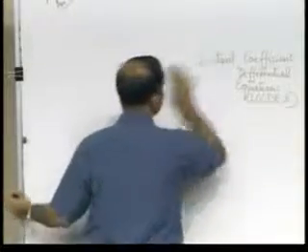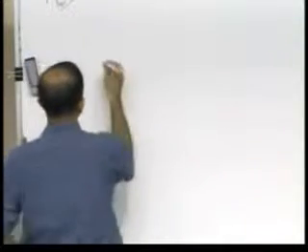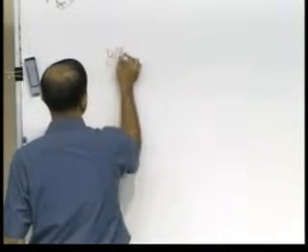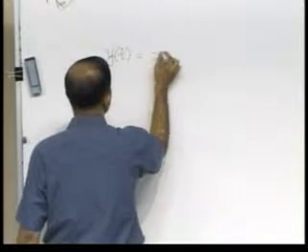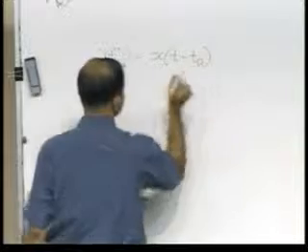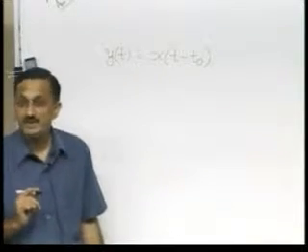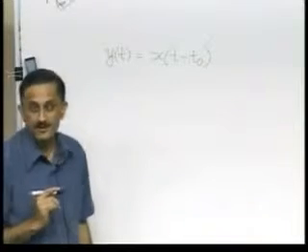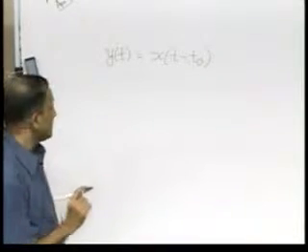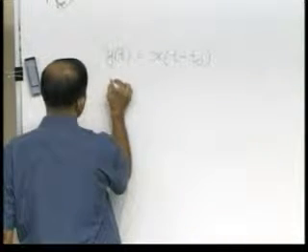So, for example, suppose you considered the continuous time system where the output y(t) is a delayed version of the input, delayed by t0. Take the Laplace transform on both sides. This is an invariant system, right? And therefore, we can investigate whether we can relate the Laplace transforms of the input and output. Indeed, we can.